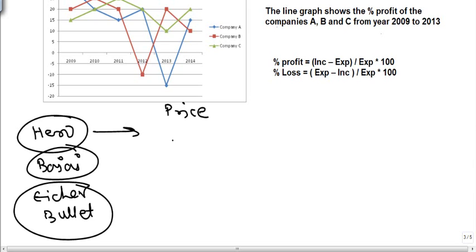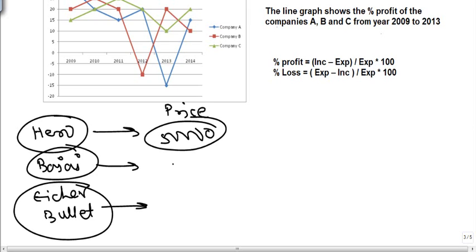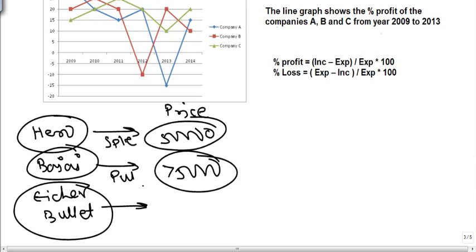Splendor, our typical uncle kind of bike, price is around 50,000. Bajaj Pulsar is around 75,000. And Eicher's Bullet is around 1.5 lakh.